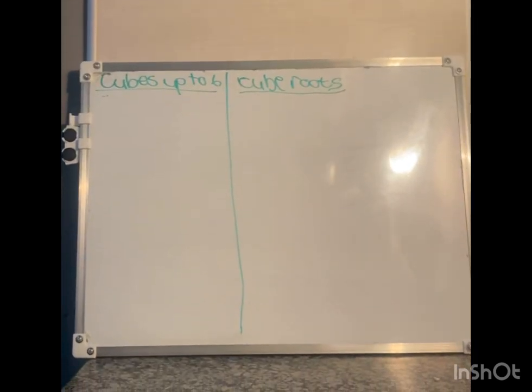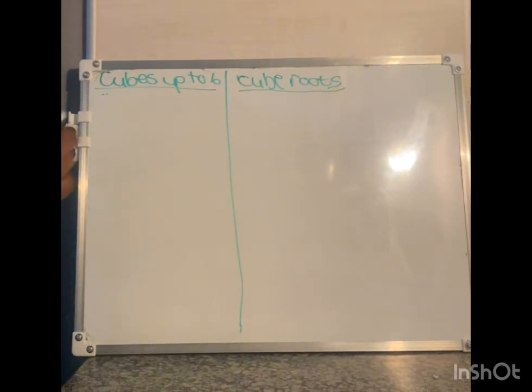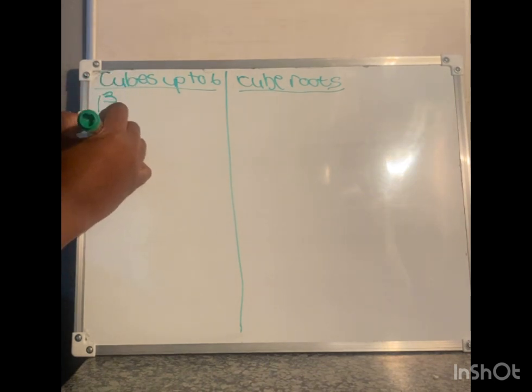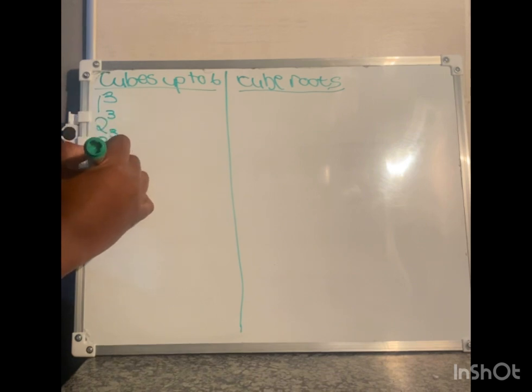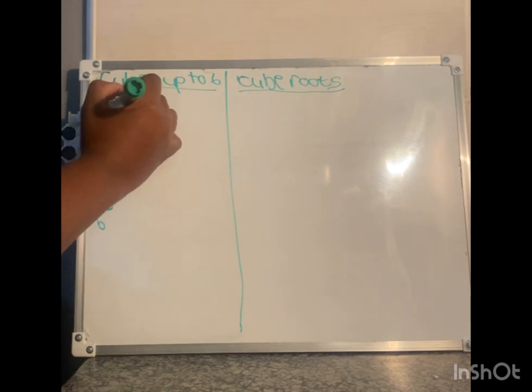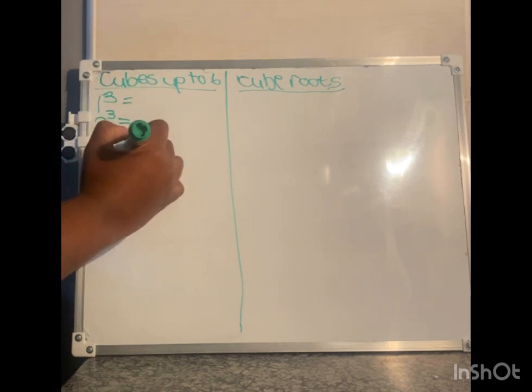We are going to do cubes up to 6, which is basically 1 cubed, 2 cubed, 3 cubed, 4 cubed, 5 cubed, and 6 cubed.